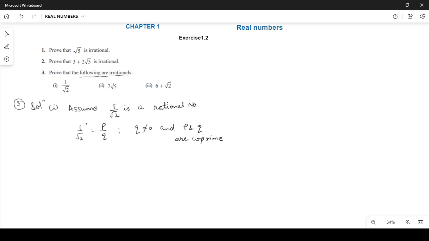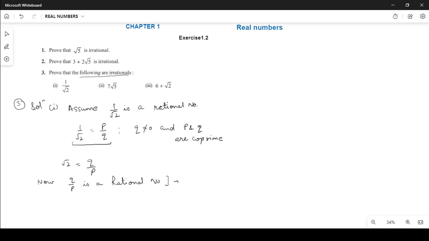So solve this, take reciprocal of it. We get under root 2 is equals to q by p. Now listen, p by q is a rational number, we know it, right? So q by p is also a rational number, right? So again, q by p is a rational number, which is our right hand side.